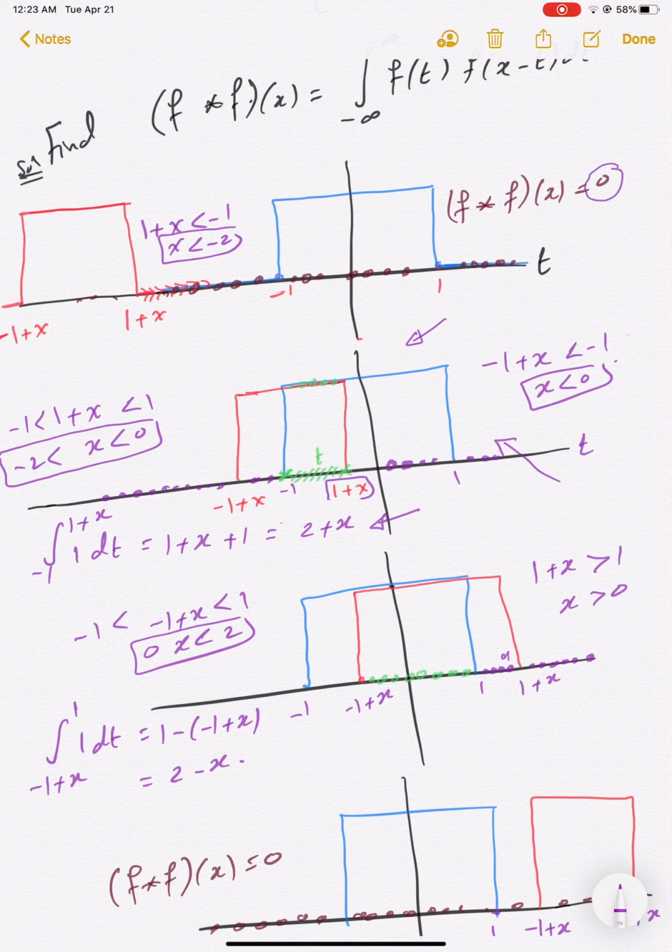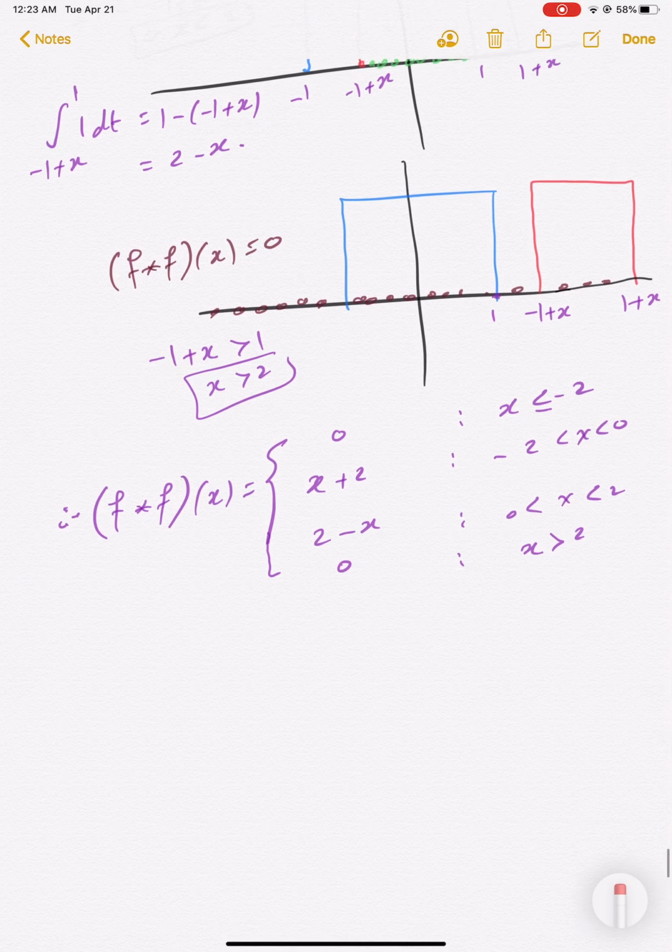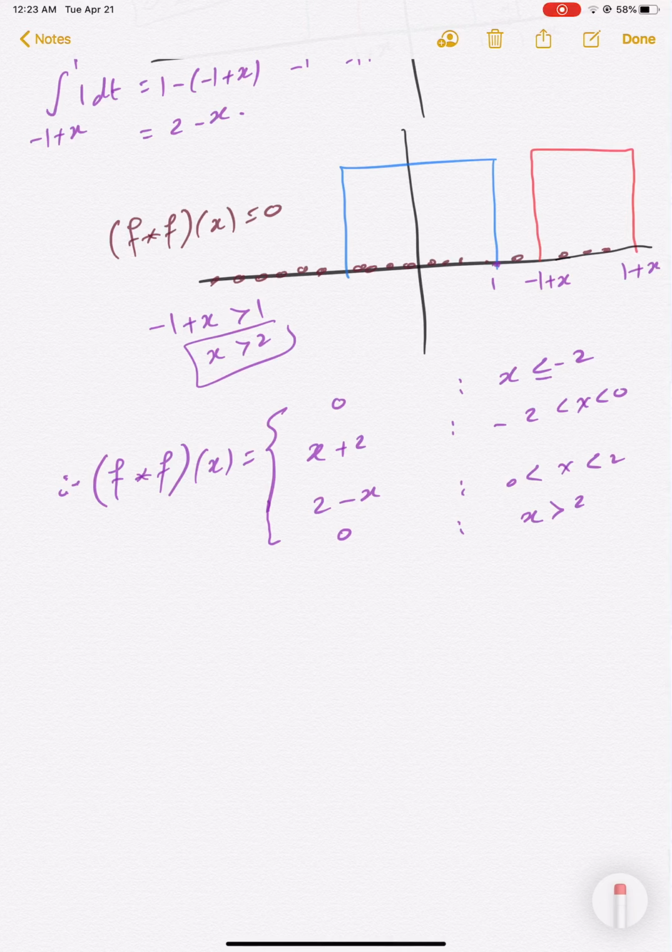Because I knew from the first case that at -2 we must get 0. But when I computed this in the first solution, I had -x, and the -x doesn't give me 0 when x is -2. This is why I doubted my solution, and I discovered that I made a mistake. So again, if the function is continuous after computing the convolution, this is an indication that your solution is correct.